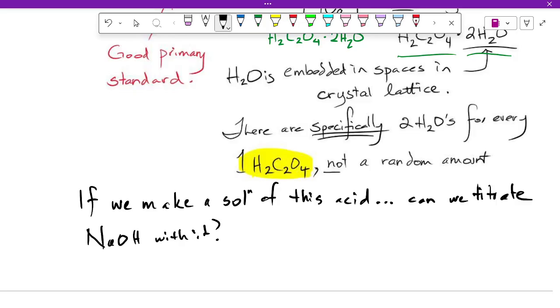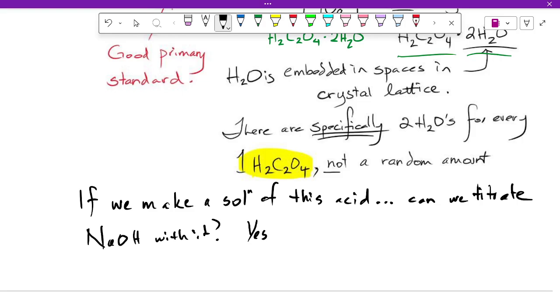The answer is yes. My block 8 said I go too slowly, so I'm going to start answering my own questions and stop going as slowly as I did before. If you would like me to slow down at any point, please let me know, and I will absolutely do so. So if we make a solution of this acid, can we titrate NaOH with it? Yes.